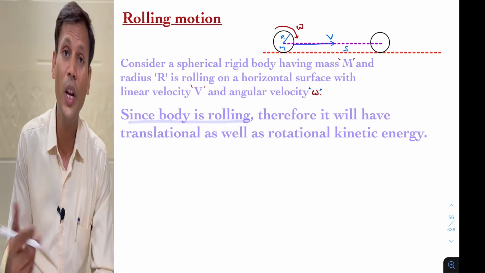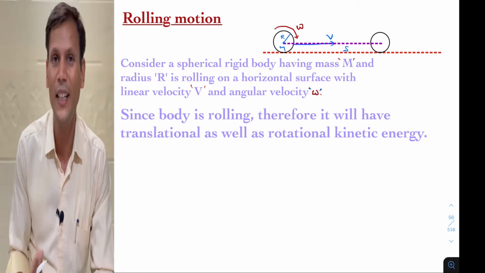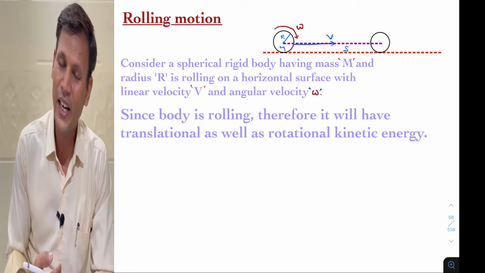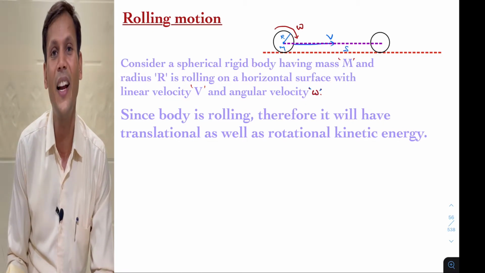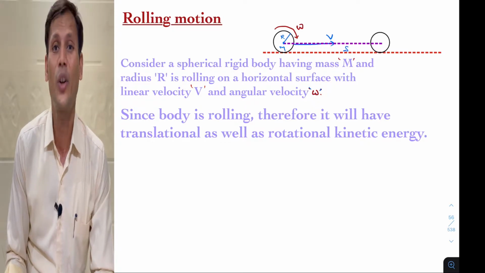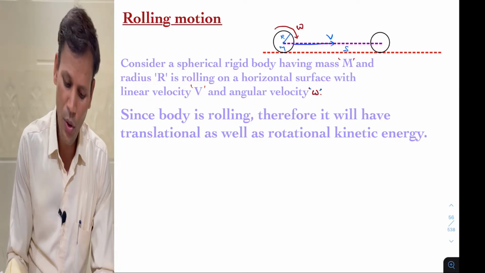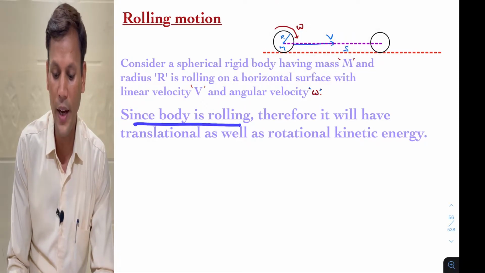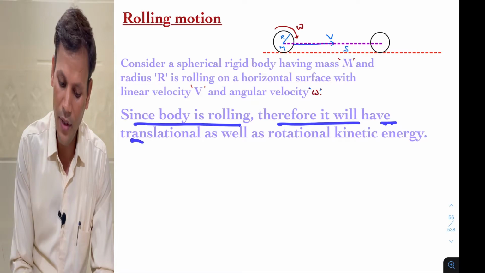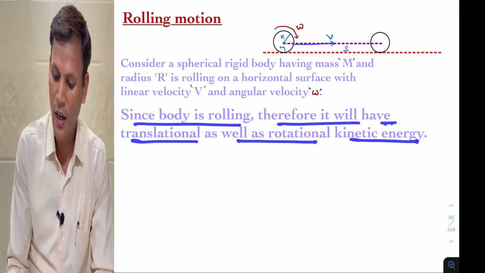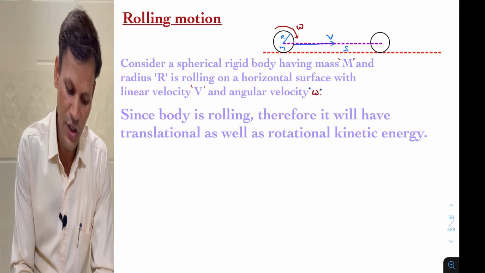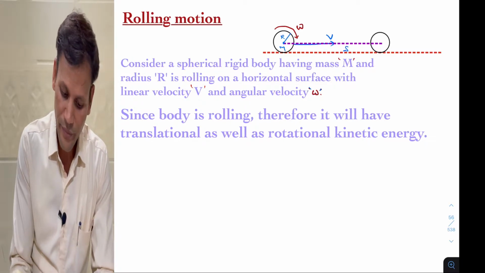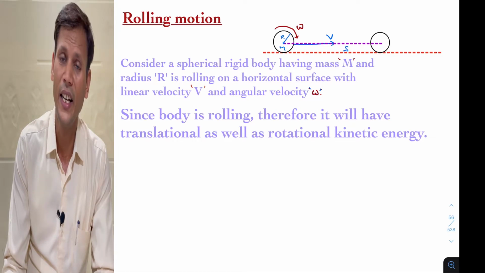Since the body is rolling, it will have two types of energy: translational kinetic energy and rotational kinetic energy. We have mentioned that part already. Therefore it will have translational as well as rotational kinetic energy. So we can find out first what will be the linear kinetic energy.